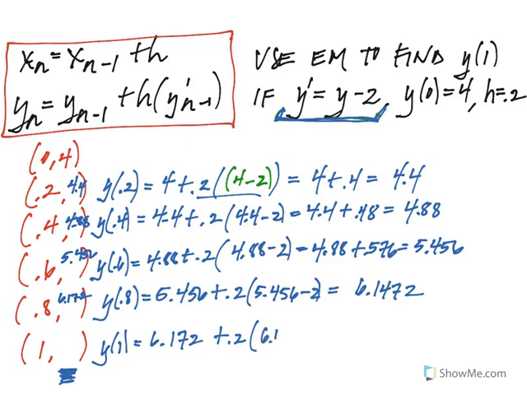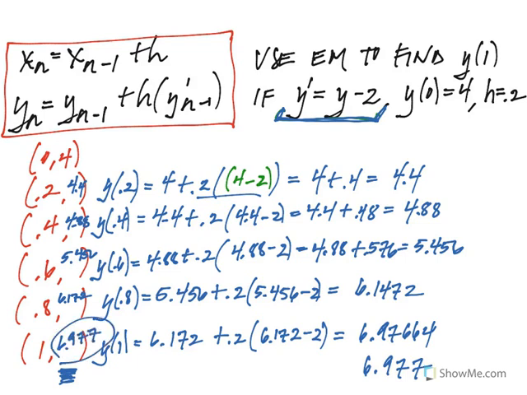So I get 6.172 minus 2. I follow PEMDAS, simplify that, and that gives me 6.97664. Rounded to 3 decimal places, that's 6.977. That's what I'm looking for here, 6.977, and this is my answer.